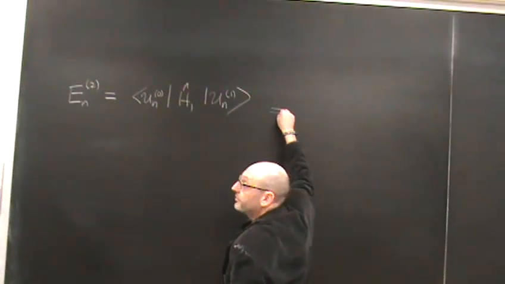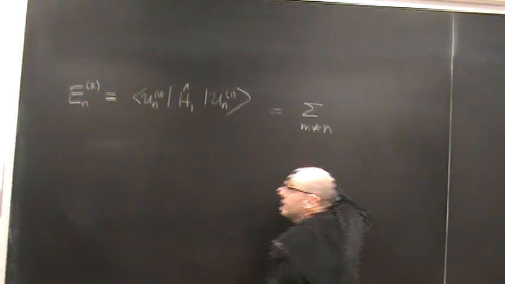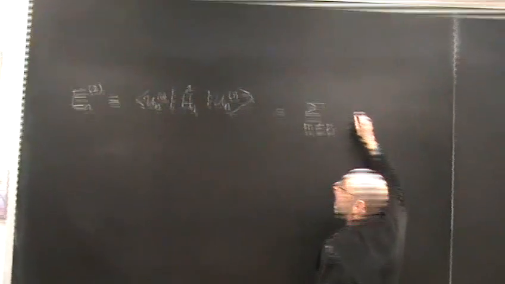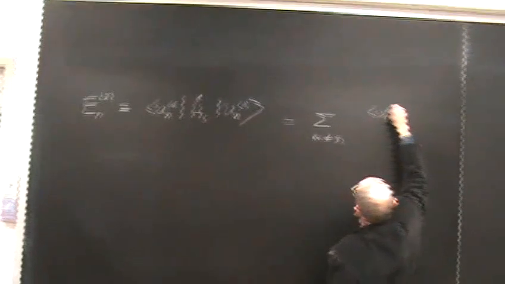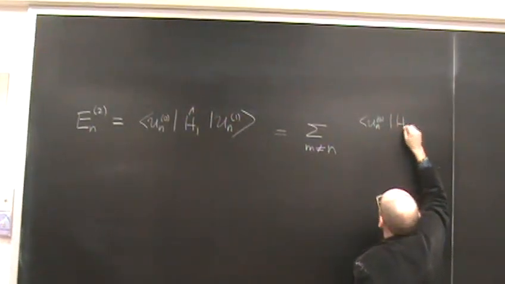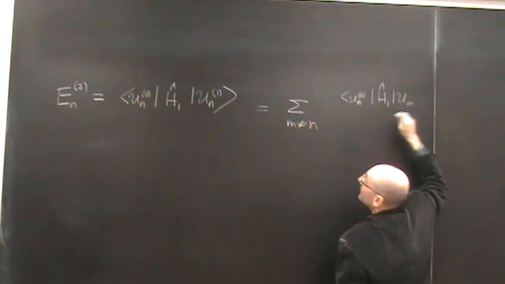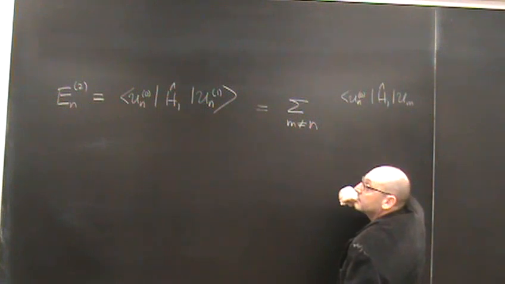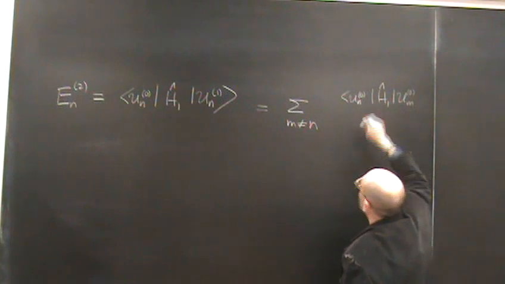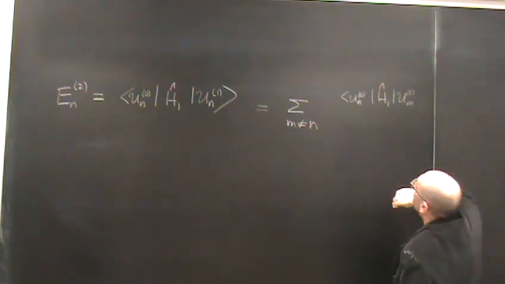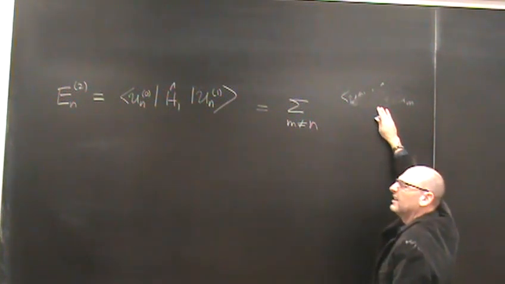That is thus equal to the sum m not equal to n of Un0 H1 Un. Sorry.